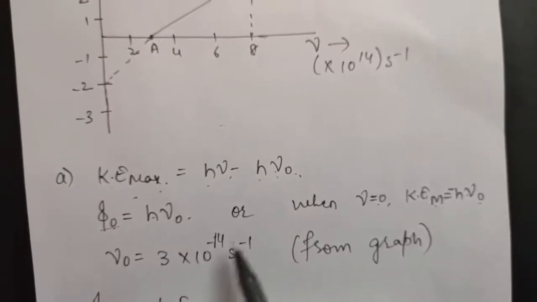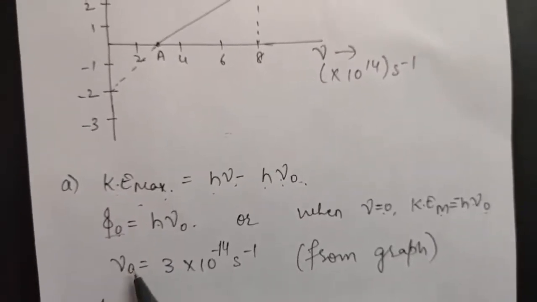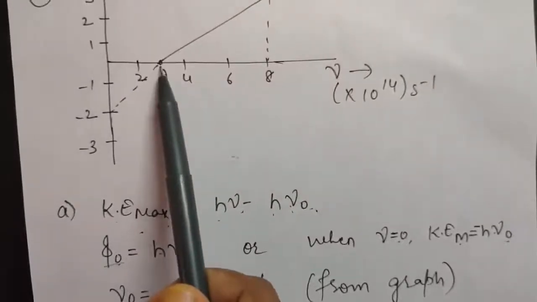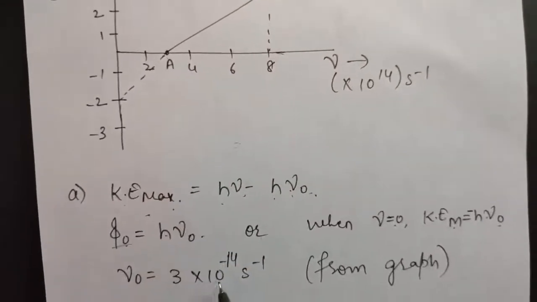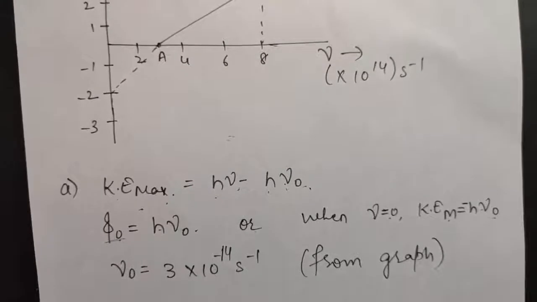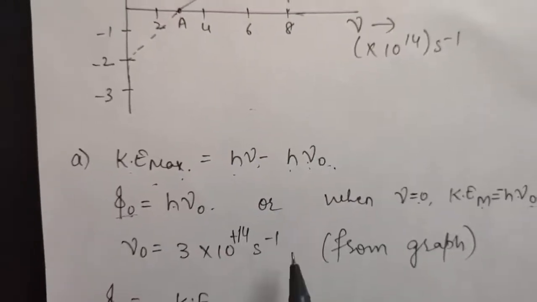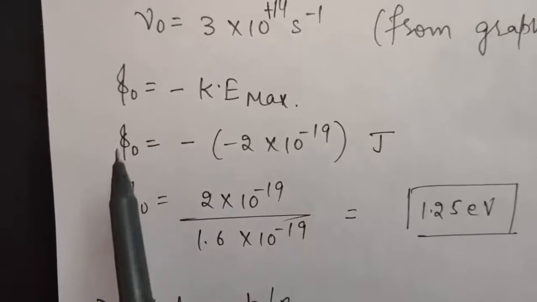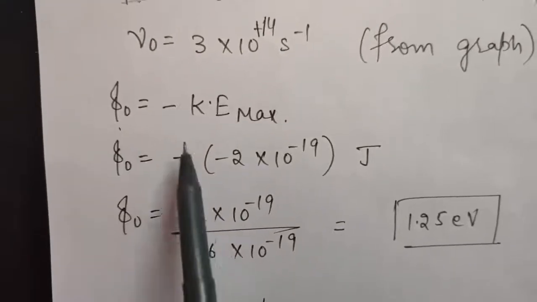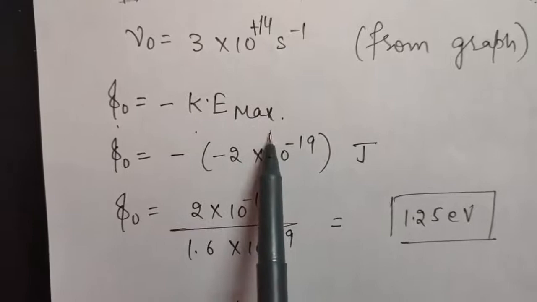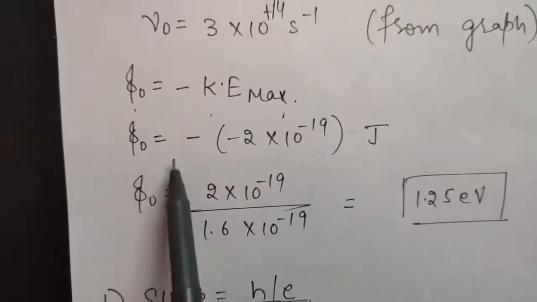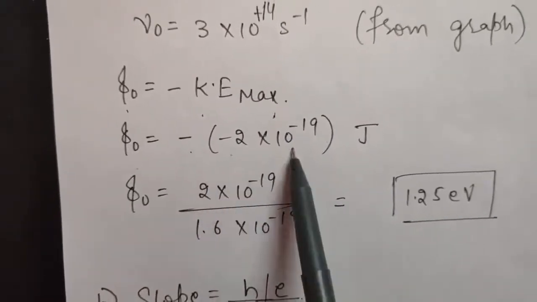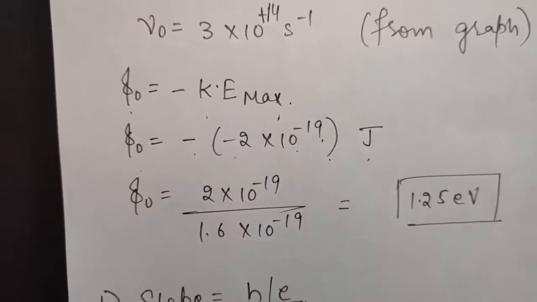It is not asked, but still I am telling you, from graph you can say your threshold frequency will be this, that is 3 into 10 to the power 14 second inverse. Okay, now we want to calculate work function. So as I told you, when nu is equal to 0, phi naught will be equal to minus of kinetic energy maximum. So phi naught will be equal to minus of minus 2 into 10 to the power minus 19 joules.